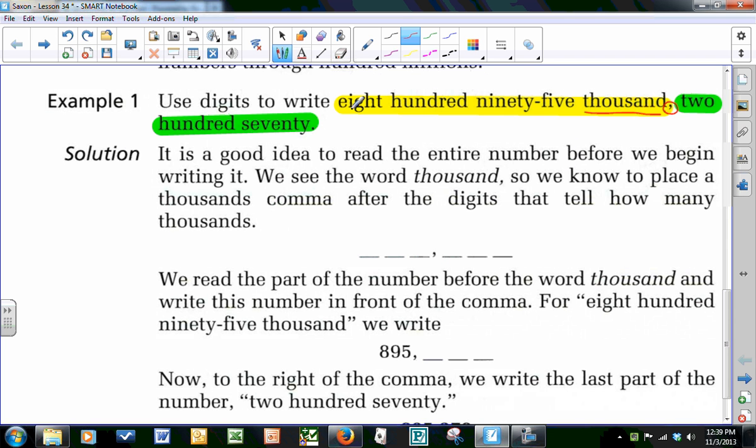Some of the words are digit words or number words, and some of the words like thousand are place value words. So when you see the word thousand, we know we're going to place a thousands comma after the digits that tell us how many thousands. So we read the part of the number before the word thousand. This part right here, 895.